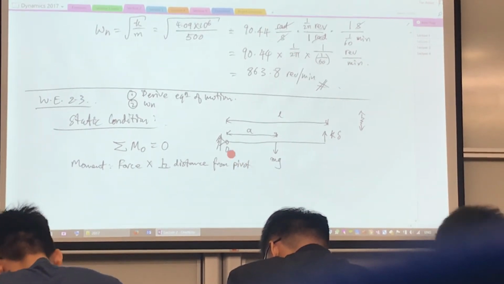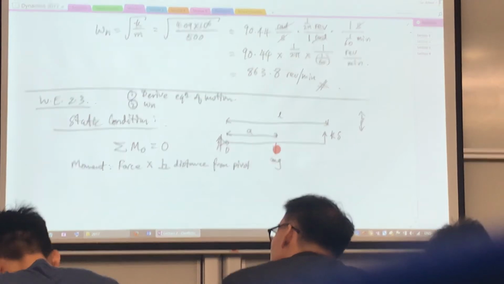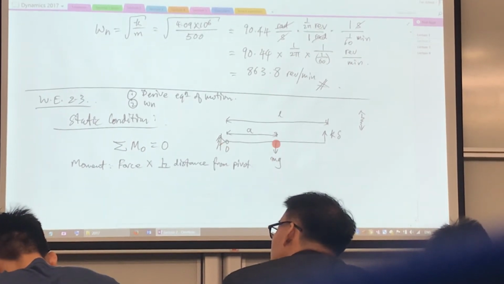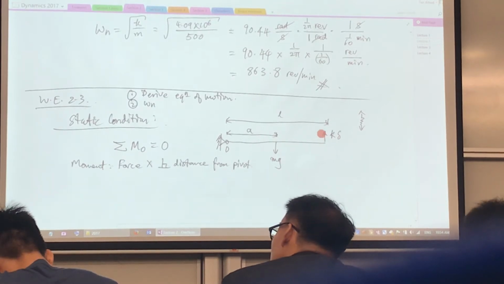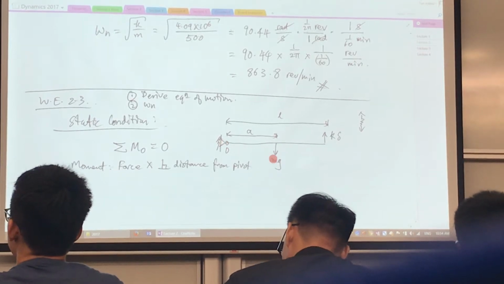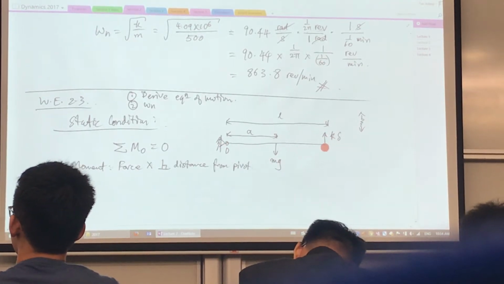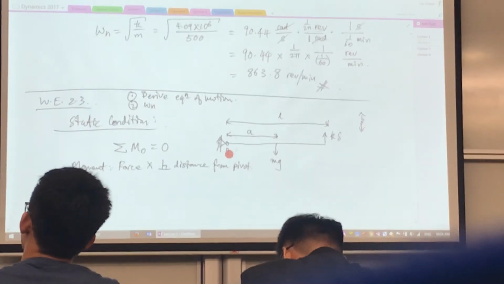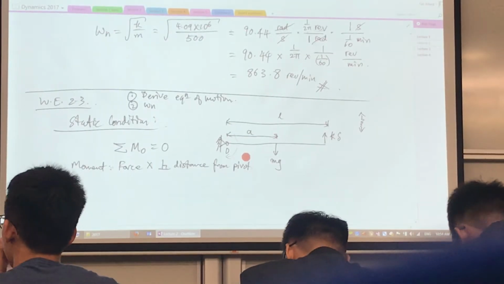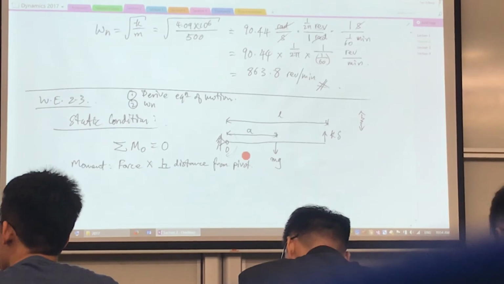So if I look at this case over here, there's a force from a perpendicular distance of A away from the pivot. There's another force from a perpendicular distance L away from the pivot. So there are two moments over there. This moment is creating this direction of the torque. So this is clockwise.